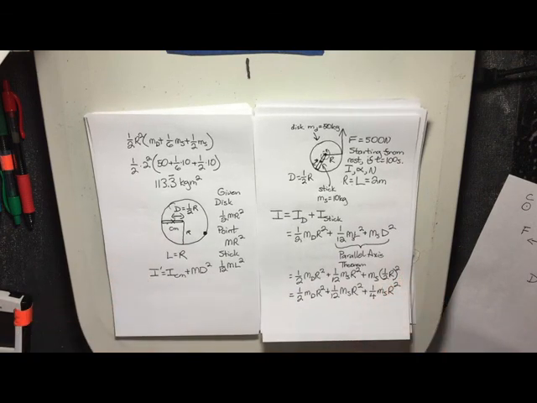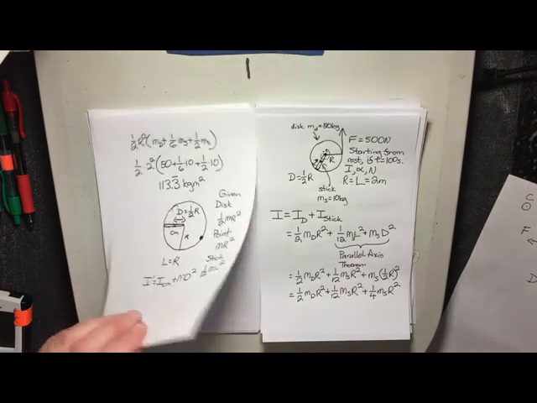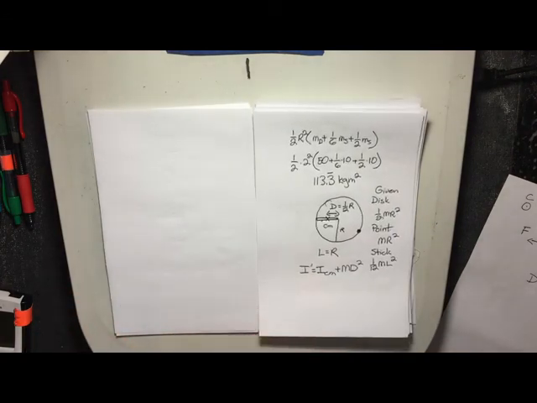Just like masses, the moments of inertia add the same way. You just add them up. So that is the moment of inertia of the disc with a stick.